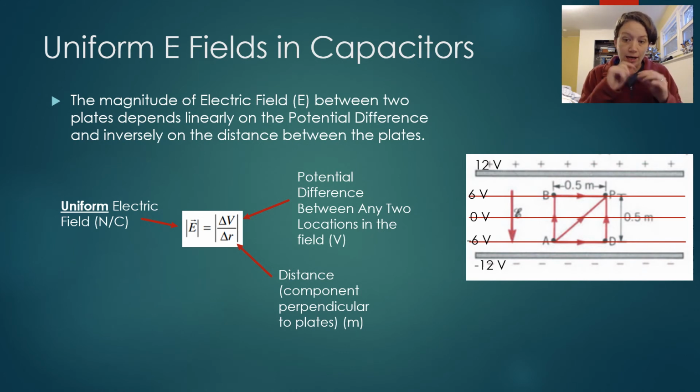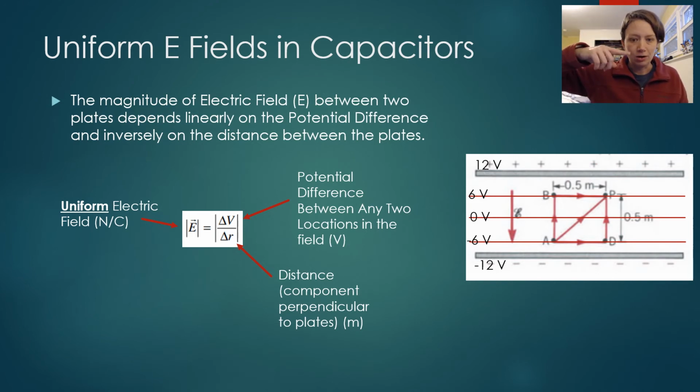But if I went A to P instead, a diagonal line, I actually would still use 0.5 meters as my distance, because I only care about the distance that I move perpendicular to the 2 plates.